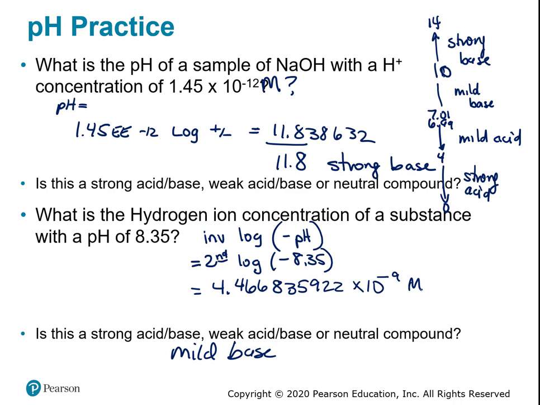So put 8.35, make it negative, second, and log. And that's that number, 4.4668. Or yours might look like 0.00000004. Hit the second button and the number 5 to put it in scientific notation.